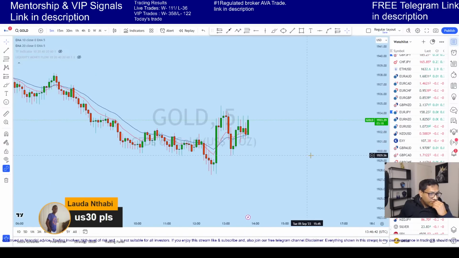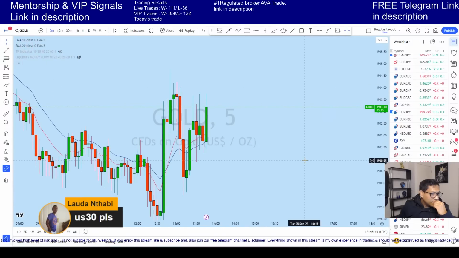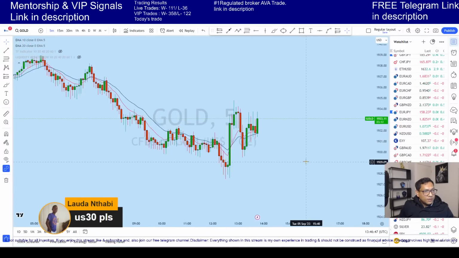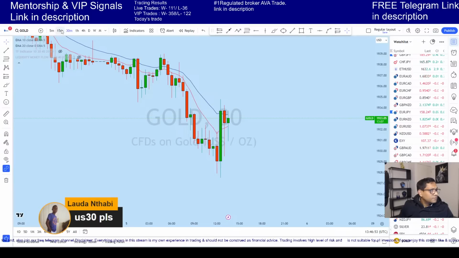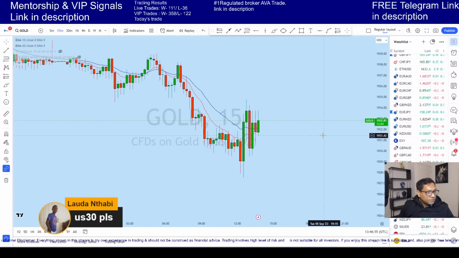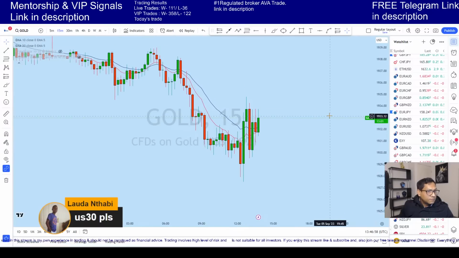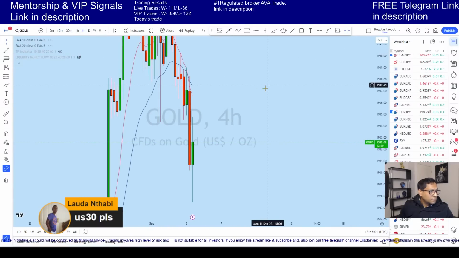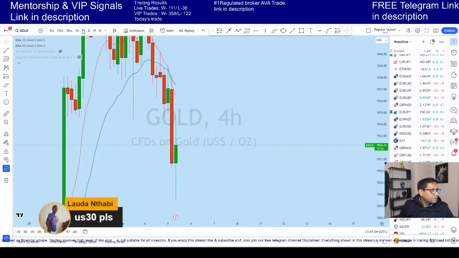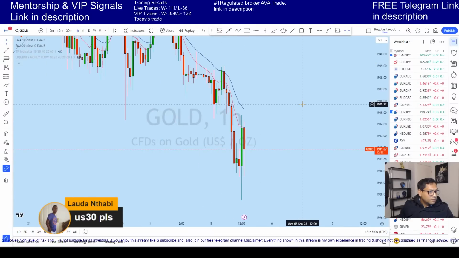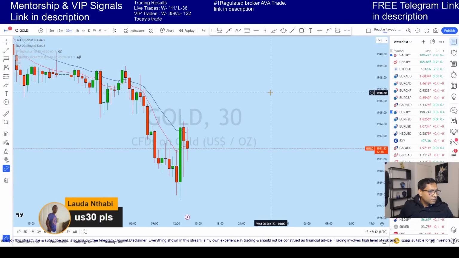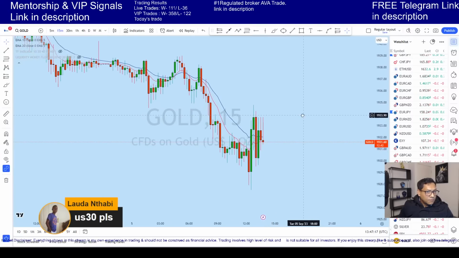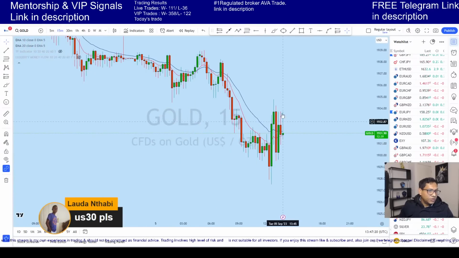Let's see if there is any entry. Yeah, so this is a very interesting candlestick pattern.